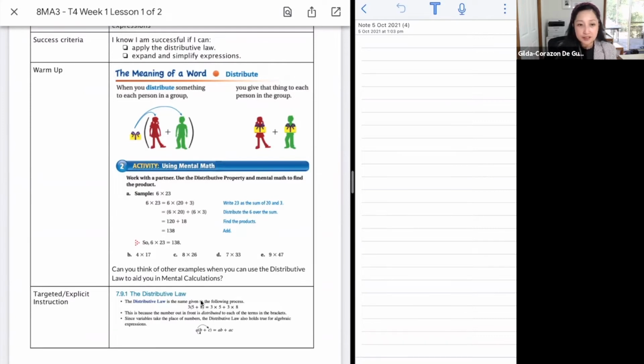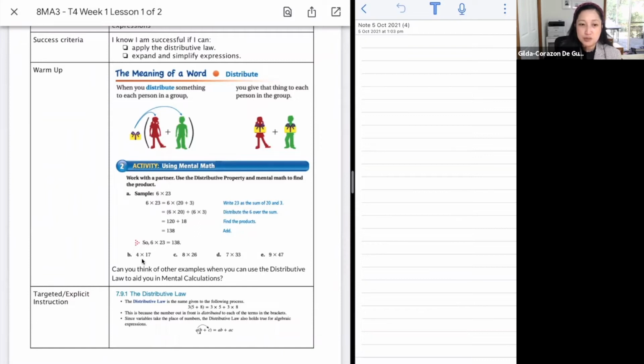You want to break 23 into 20 and 3, because that's what 23 is all about. Why do we want to break it down to 20 and 3? Because we can simply do 20 times 6, which would be 120. And then we've got 6 times 3 as 18, and you add 120 and 18, which would give you 138. Isn't that clever?